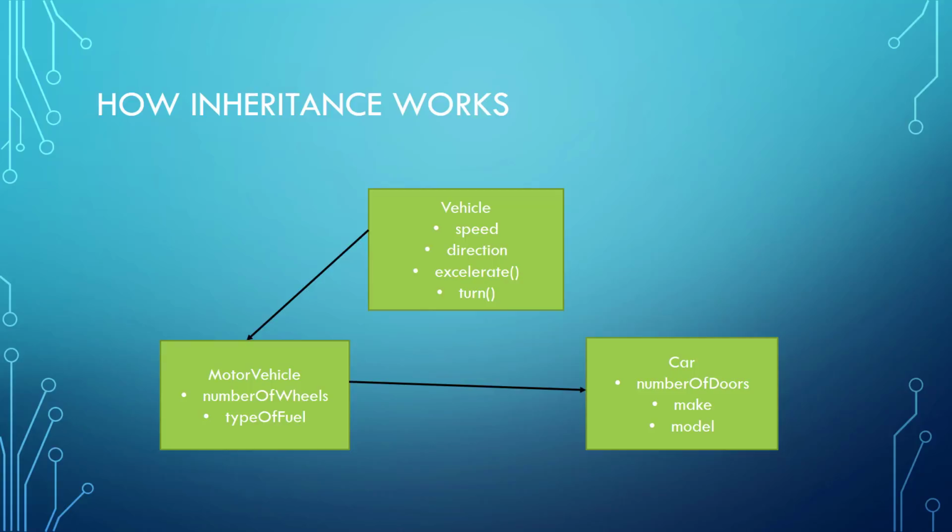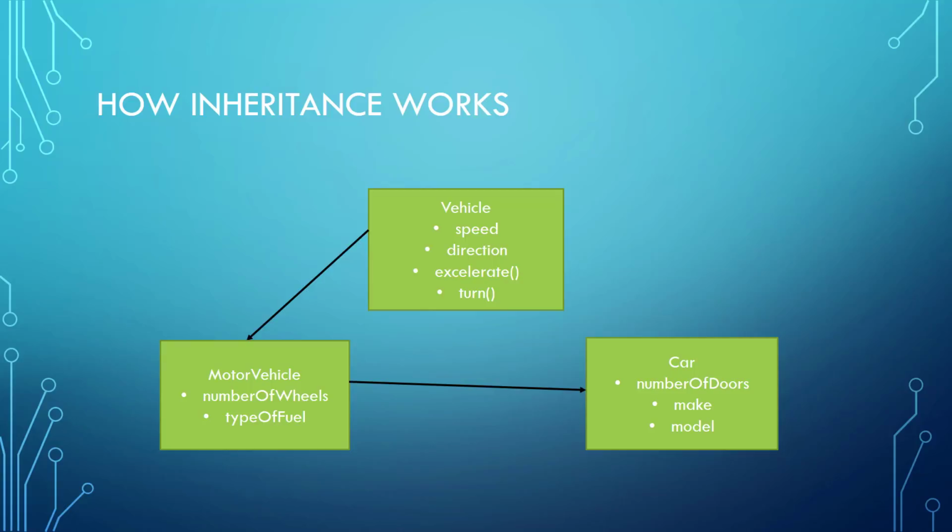How it works is, take for example, if we had a class called vehicle, where that could be anything from an airplane to a hang glider to a bicycle to a car. All of those vehicles may have properties such as speed and direction, which dictate the state of the vehicle.